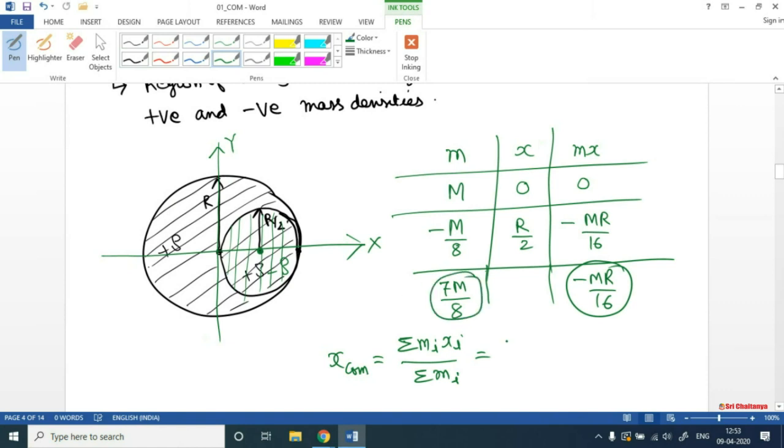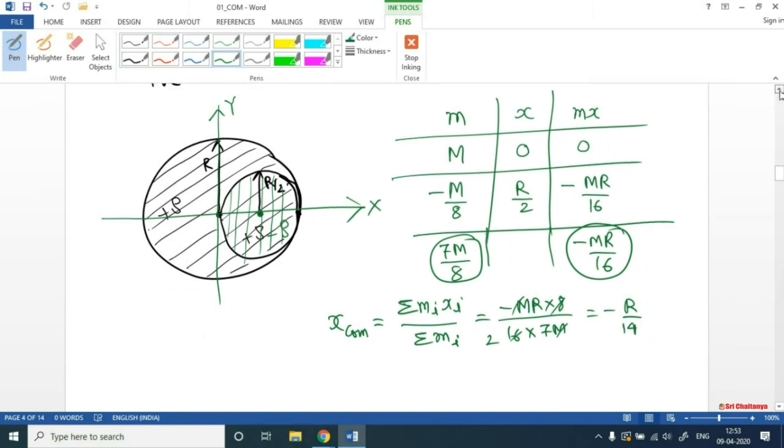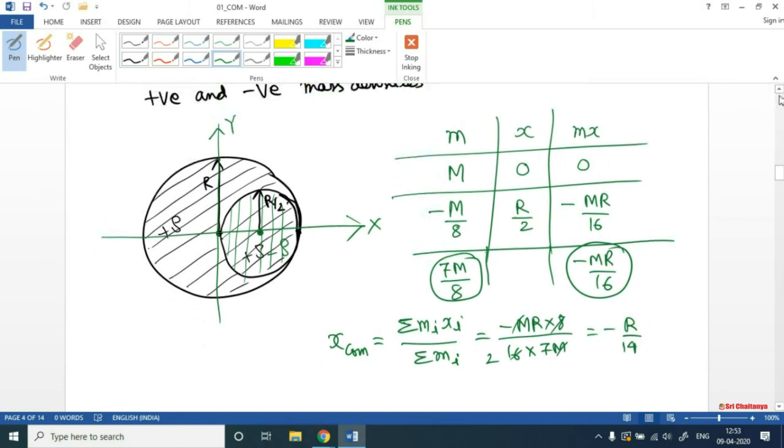So that would be minus MR by 16 divided by 7M by 8. So M and M will get cancelled, and we will be getting minus r by 14. So this is how we can find out the center of mass of a continuous mass distribution with cavity.